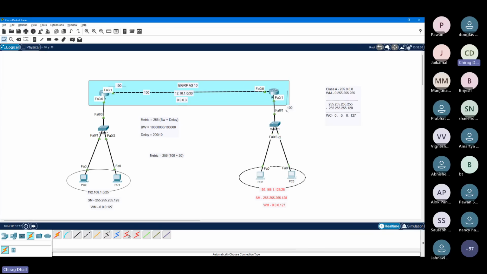All right, the final discussion about EIGRP is regarding the algorithm used by EIGRP, called the DUAL algorithm, Diffusing Update Algorithm, which we will discuss in 5 minutes. For 5 minutes, I'm sharing my other screen. Try to revise what we have just discussed, and then we shall move ahead with the DUAL algorithm discussion.